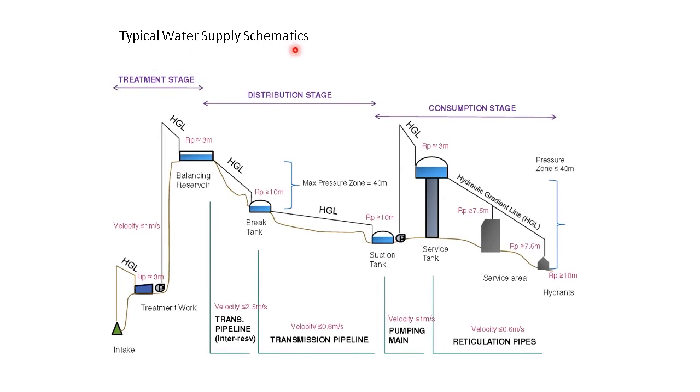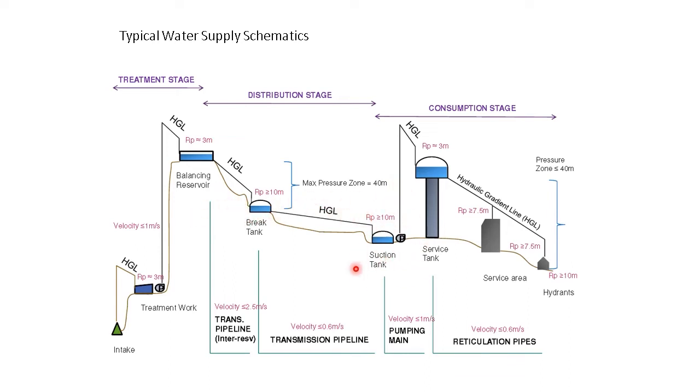Typical water supply schematic. This is the treatment stage where the intake akan pump up pada treatment work, high ground level and then akan pergi lagi pada another balancing reservoir. And dia akan pergi kepada break tank. Dekat sini dah start distribution stage.